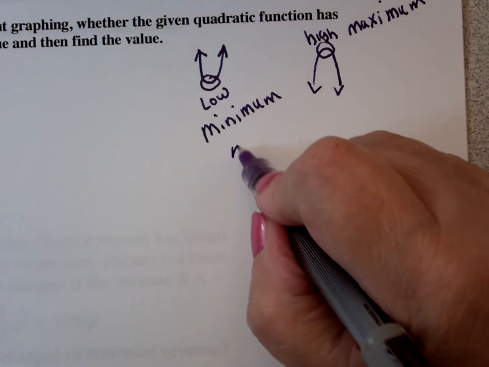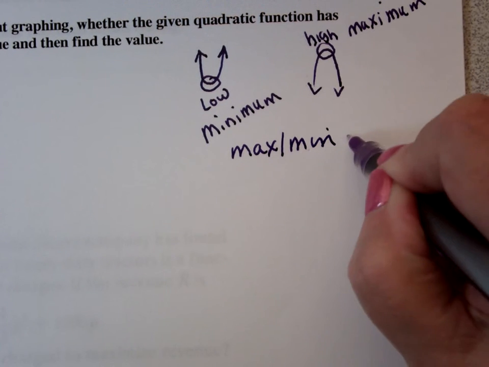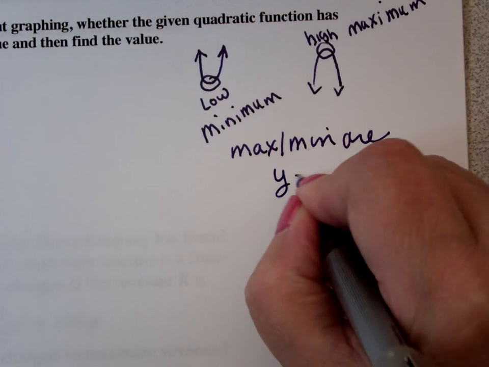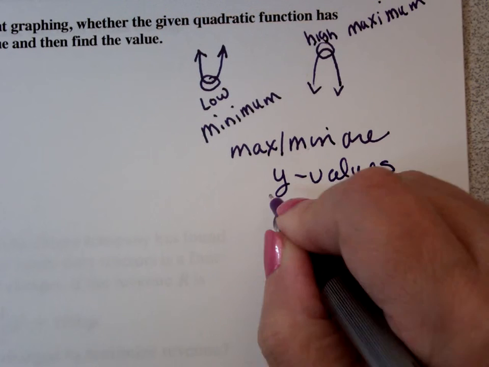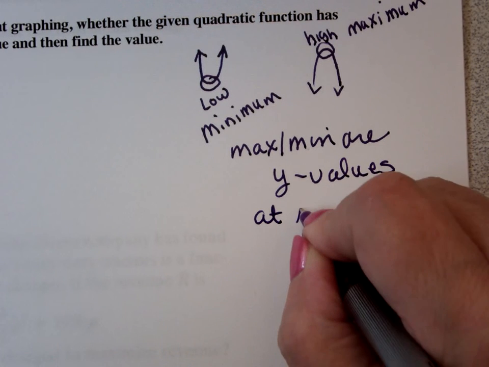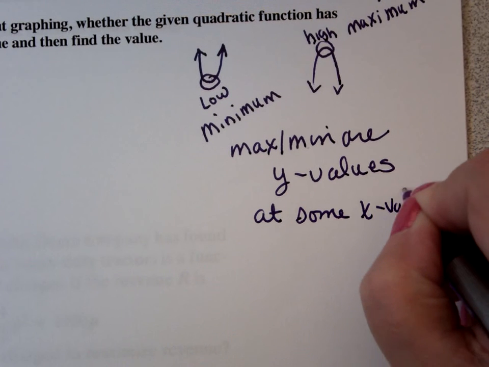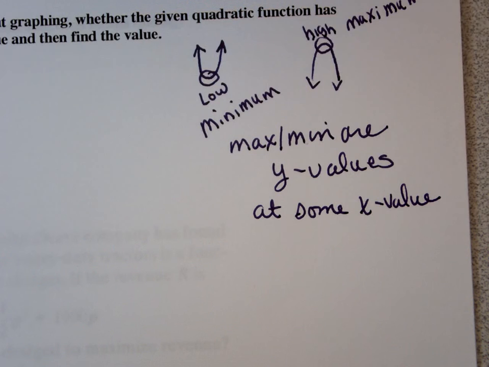And maximums and minimums are y values at some x value. So when I'm looking for a maximum or a minimum, I'm looking for a y value.